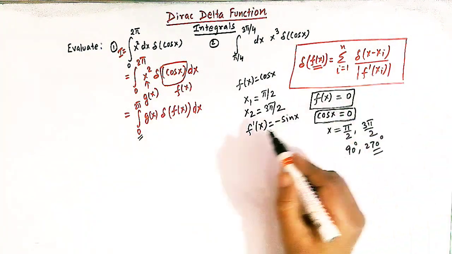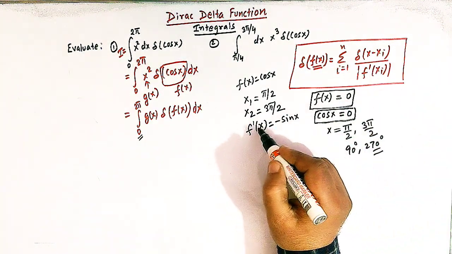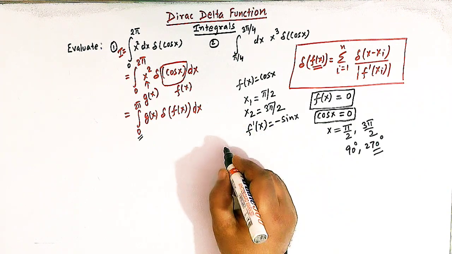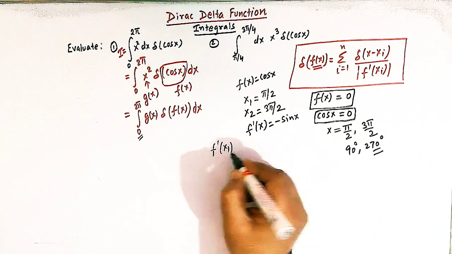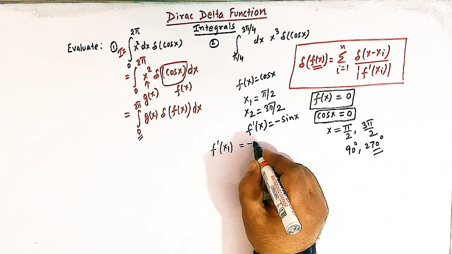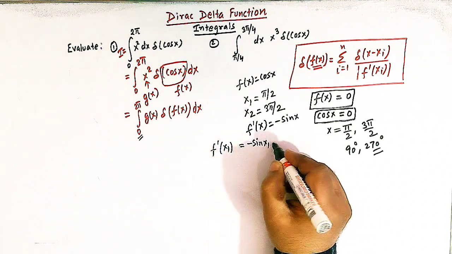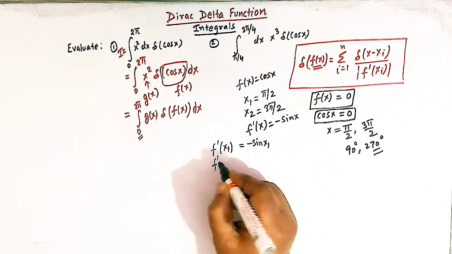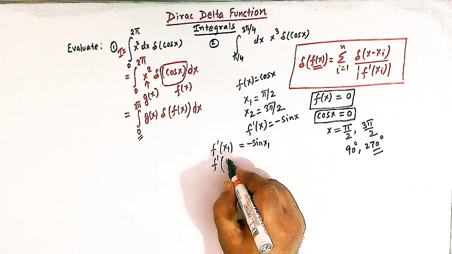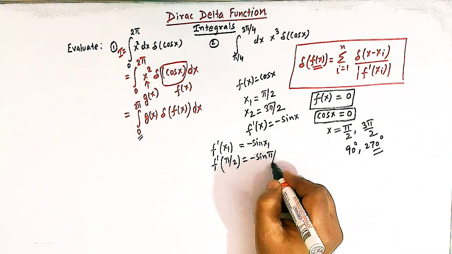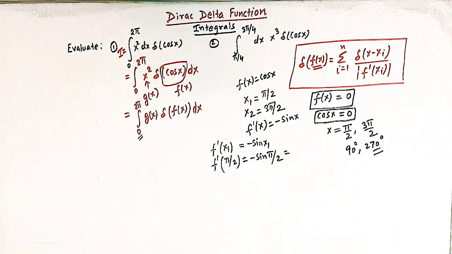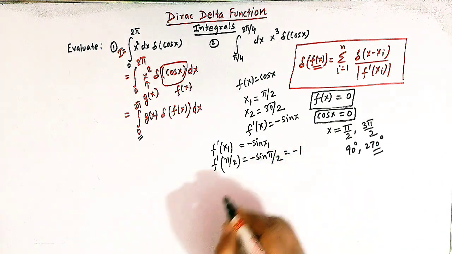Now let us compute the values of the derivative at these two points. We have f prime of x1 is given by minus sine x1, so f prime of pi by 2 is given by minus sine pi by 2. Sine pi by 2 is 1, so we have minus 1.